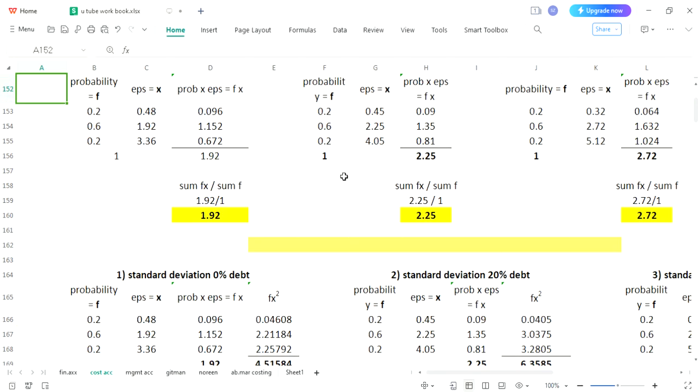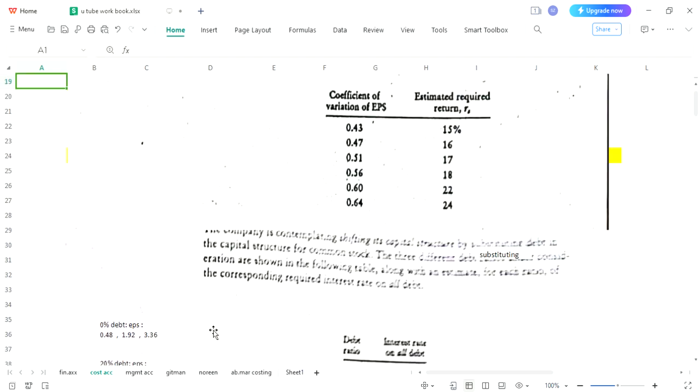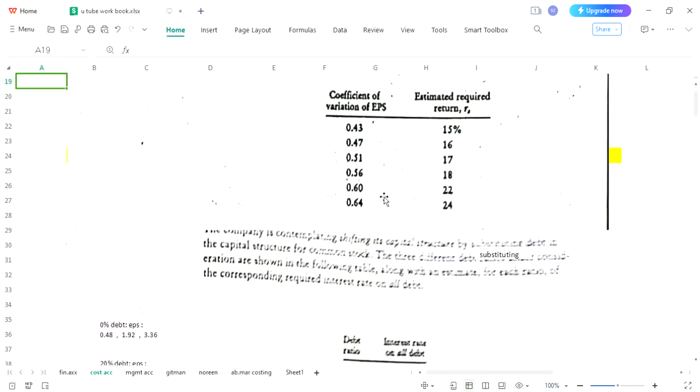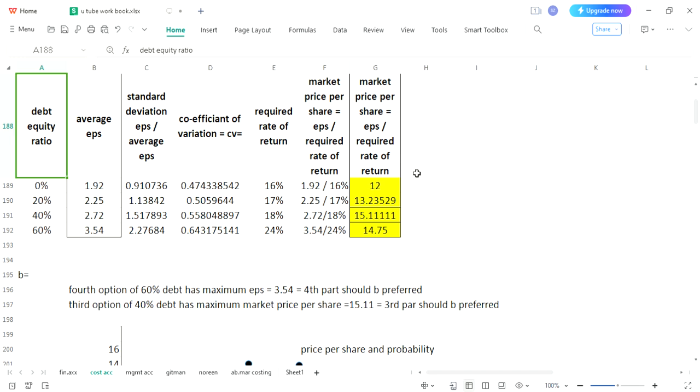Coefficient of variation was calculated over here, and according to these CVs we picked the rate, like 0.47 CV over here, and the rate was 16%. The rate was taken from the CVs. Here is your rate, 16%.